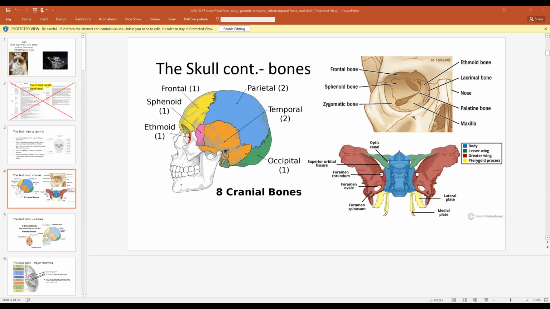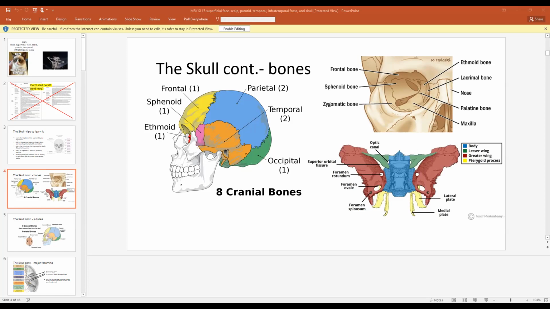Out of these, the 3 biggest ones that we've been asked about are the ROS ones: rotundum, ovale, and spinosum. Rather than just asking what is this foramen, they'll tag the foramen and want you to say what goes through it.